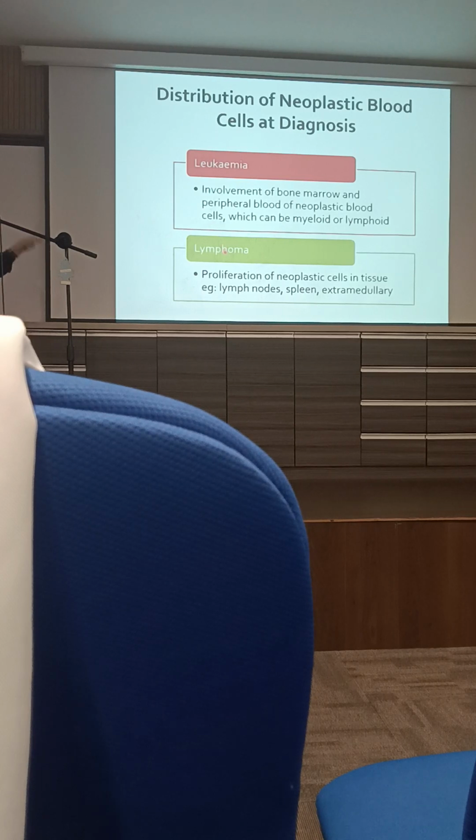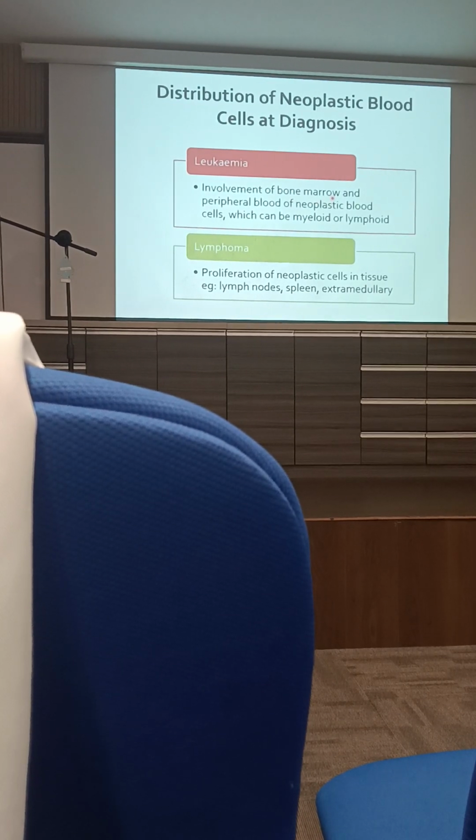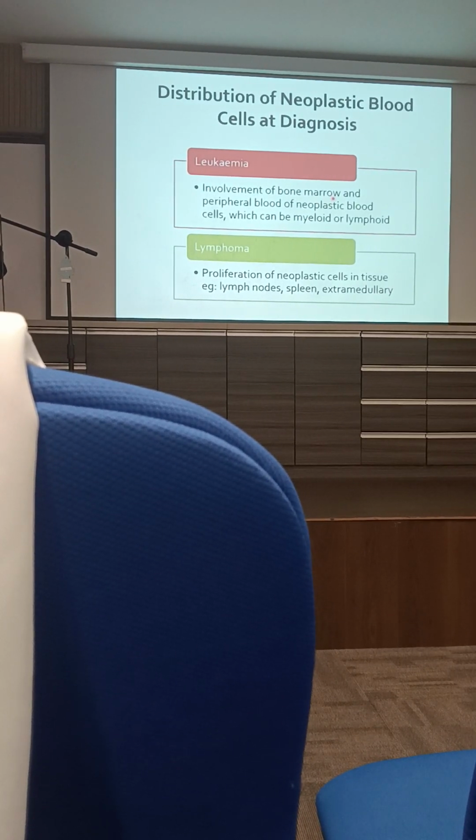Dr. Alina will discuss lymphoma with you. You will hear the same thing: is it B cell or T cell, lineage, typing. But essentially it comes from tissue, whereas leukemia is involvement of the bone marrow, spilling into the peripheral blood.